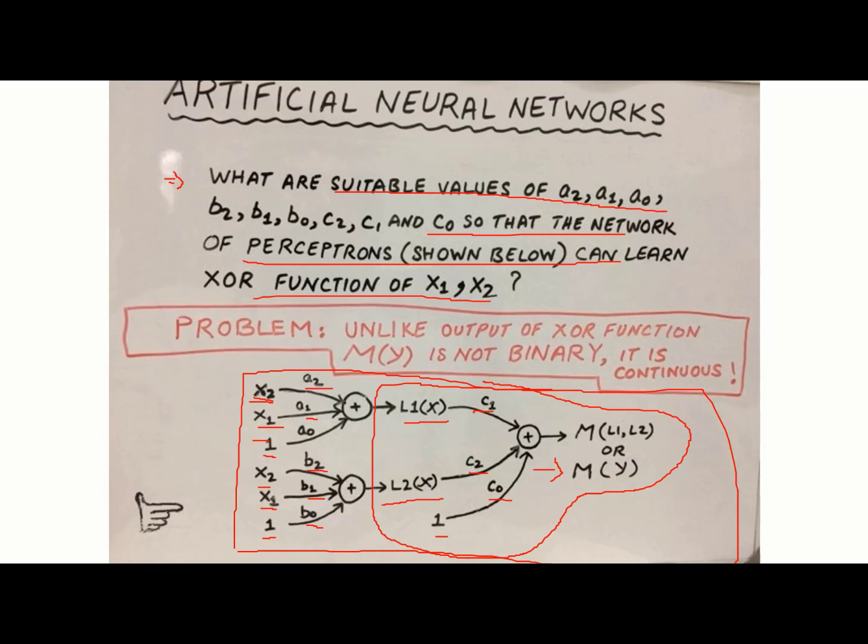However, note that one of the problems is that the output here, M of y, is not binary. It can be any number which can be positive or negative, and not just 1 and 0. So it is essentially continuous. So this is one of the problems that we need to fix before proceeding to the building block of the artificial neural network.